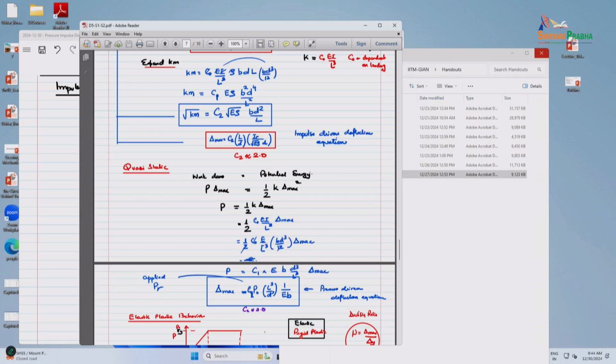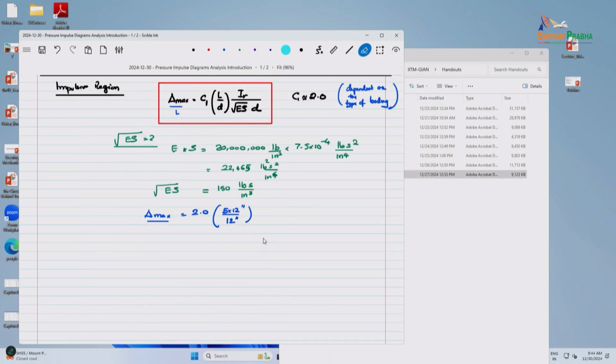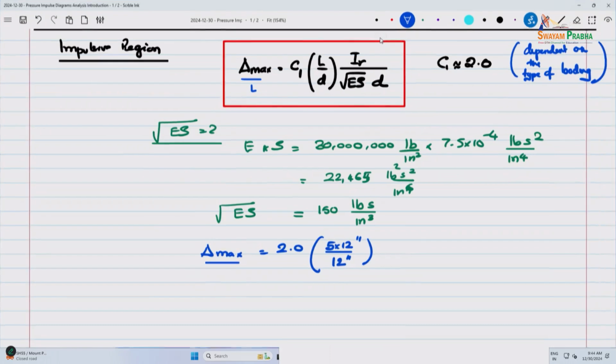So square root, L square by d power 4. So L by d. So it calculates out to IR divided by E, square root of E rho is 150, and then divided by 1 over d.